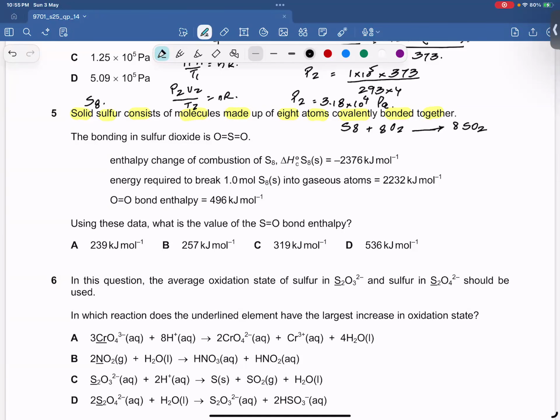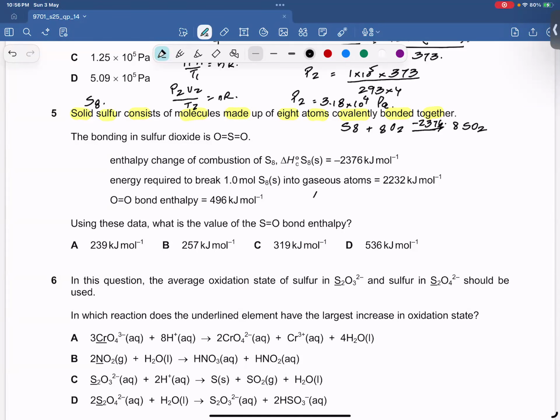This value is already given, which is minus 2376.